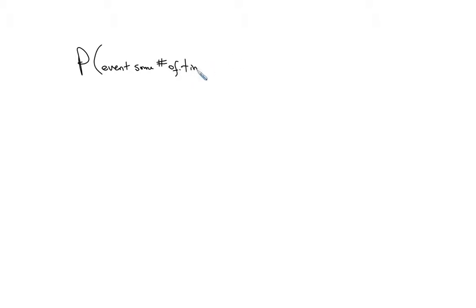We're going to throw the die more than once. We're going to flip the coin more than once. That's going to be equal to the probability of a success times the probability of a failure.